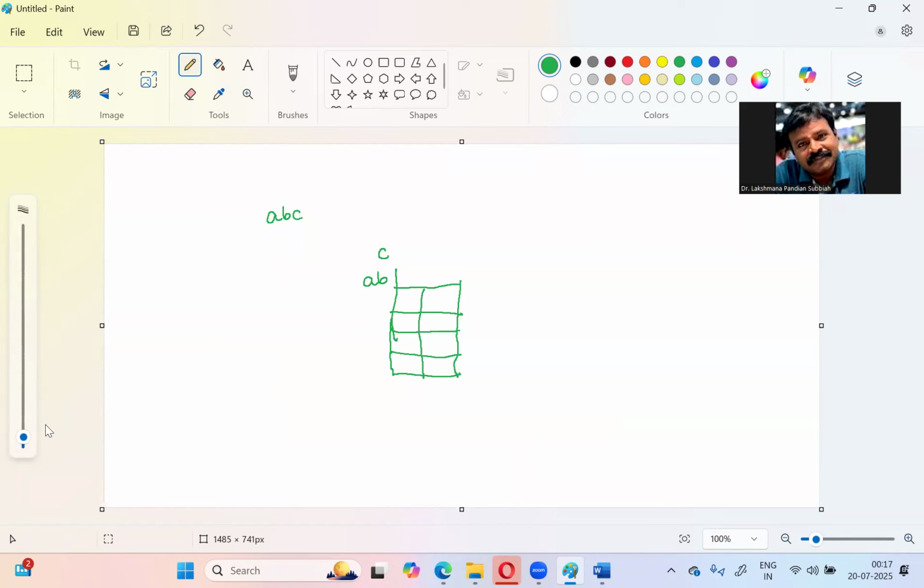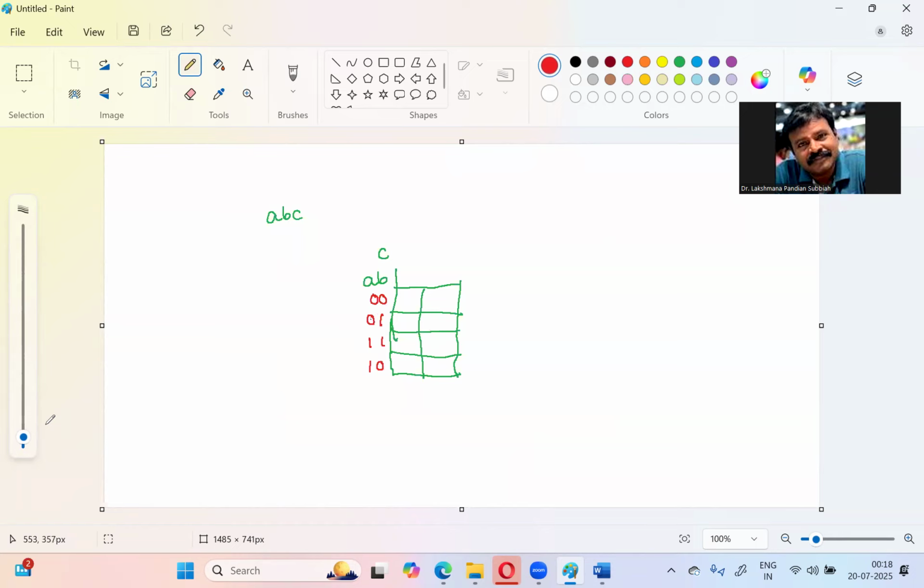What is Gray code? It is 0 0, 0 1, then 1 1, and then 1 0. Successive values should change only one bit.